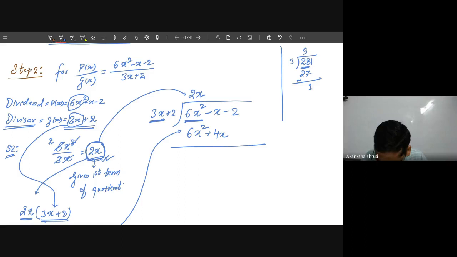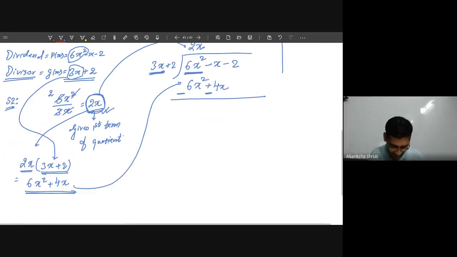Students, the same thing you also have to do here. Keep in mind you are going to subtract this entire 6x square plus 4x. While subtracting this, the sign of each term will get changed. So the first term becomes minus, the next term also becomes minus. Are you getting this? Yes, change this sign.